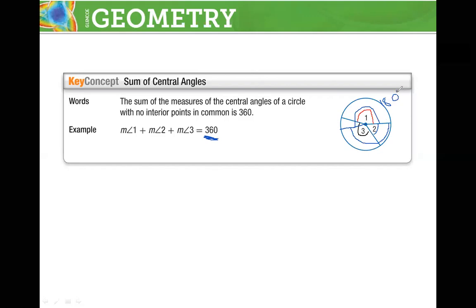So the angles accumulated around a circle is 360. It means the sum of all central angles around a circle is 360, and half the sum is equal to 180. This is the first idea, and we go now to solve some problems.